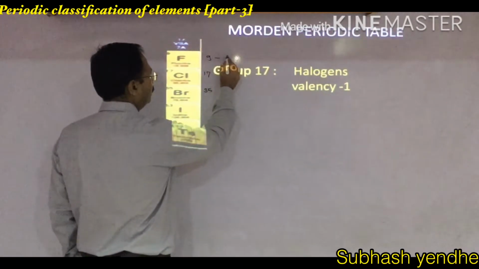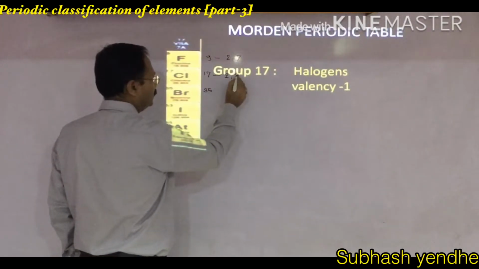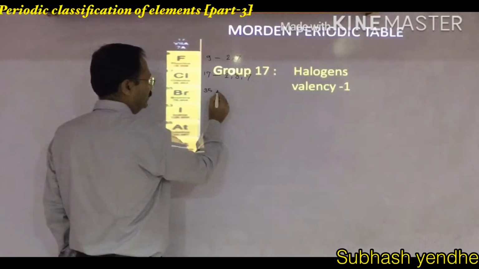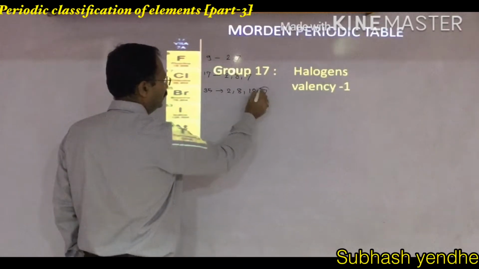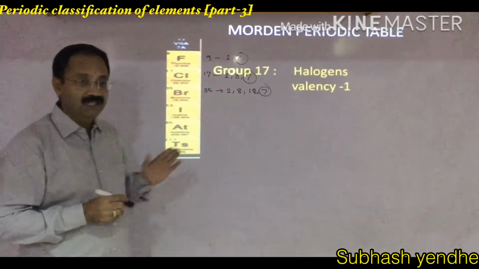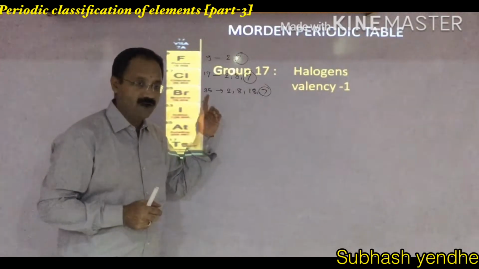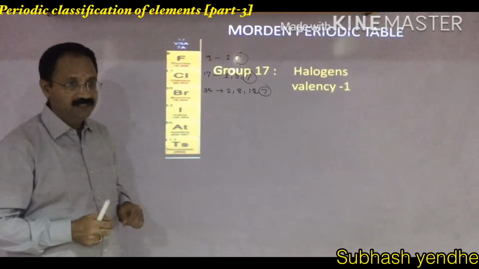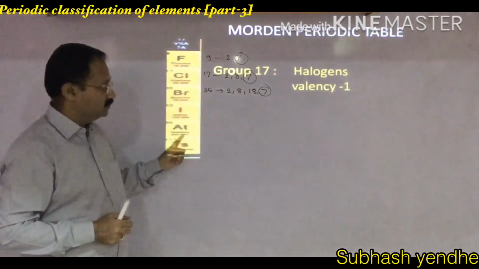Fluorine's electronic configuration is 2, 7. Chlorine's electronic configuration is 2, 8, 7. Bromine's electronic configuration is 2, 8, 18, 7. See the outermost shell? There are 7 electrons. So they need 1 electron to complete their octet. Therefore their valency is 1 and therefore they are called the halogens.